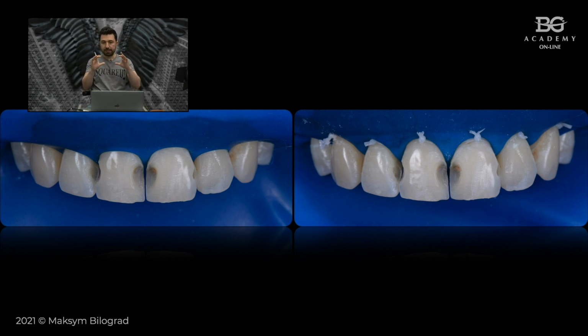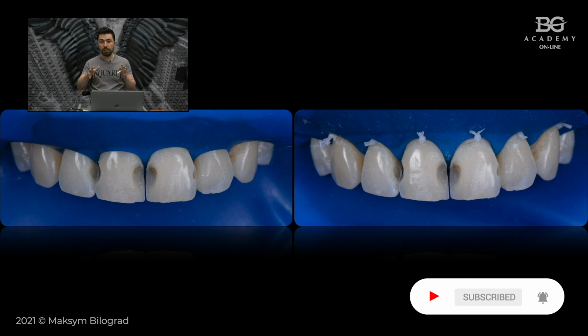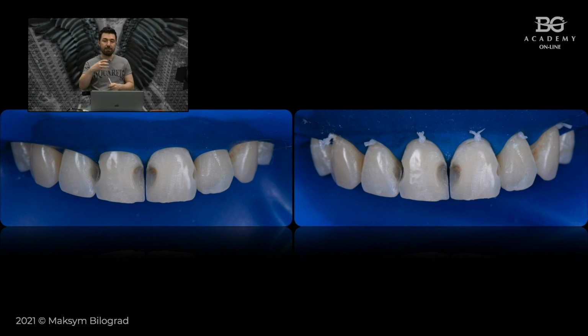So when you have a slight difference in width, or even in the height of the teeth, and you cannot change sizes, you can play with vertical layering, with contouring, and then with finishing and polishing to make a wider tooth slimmer, or a slimmer tooth wider, because there are some optical illusions that we can use during our layering procedures and finishing and polishing that will help us to play with the highlights, giving the appearance that we actually want to achieve.